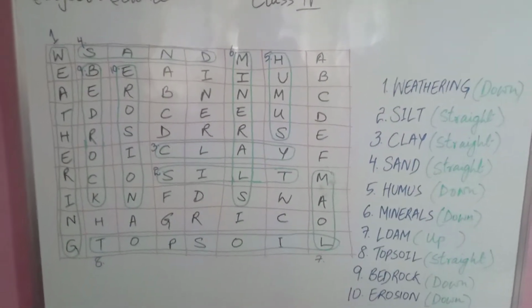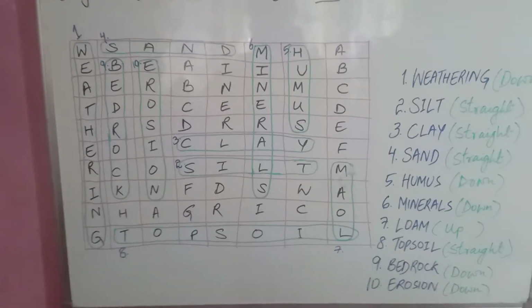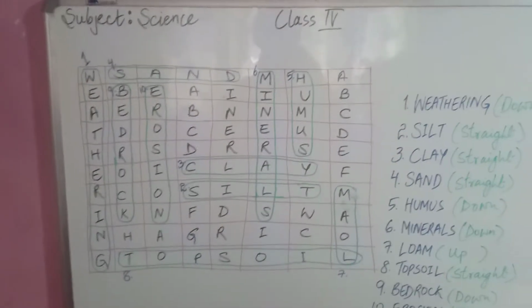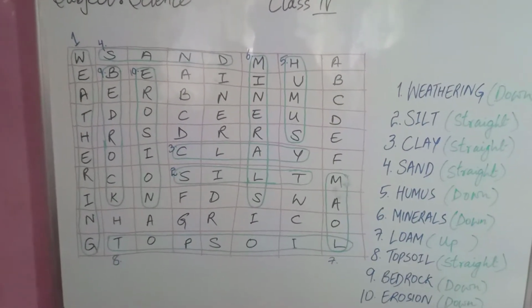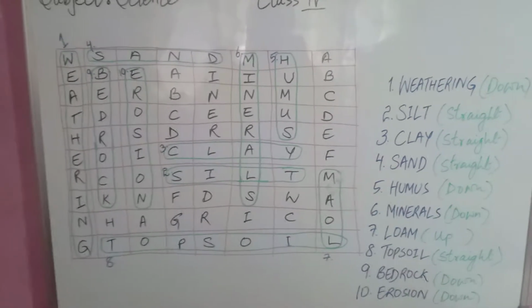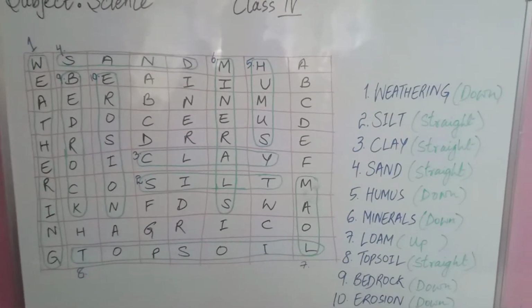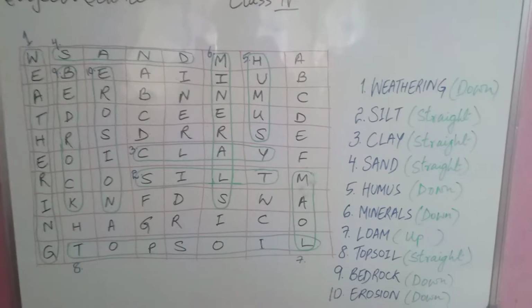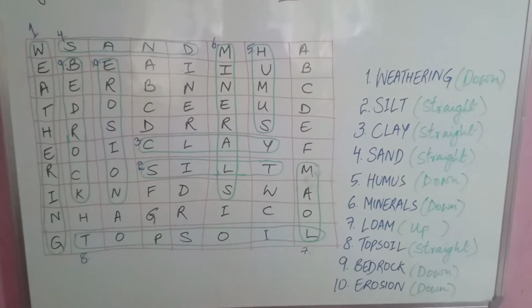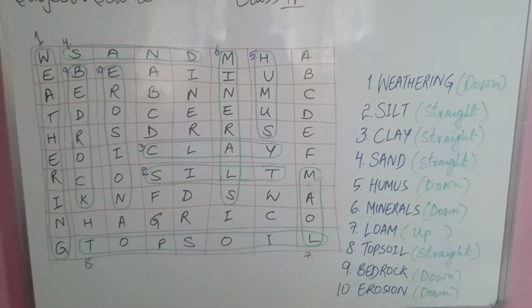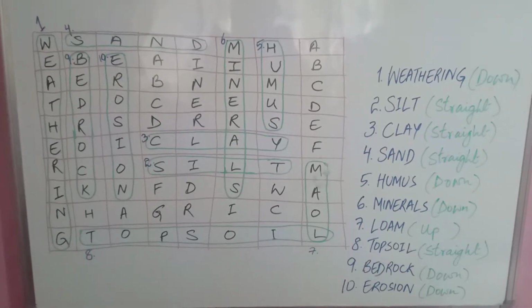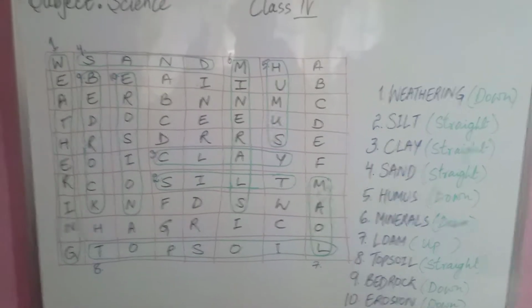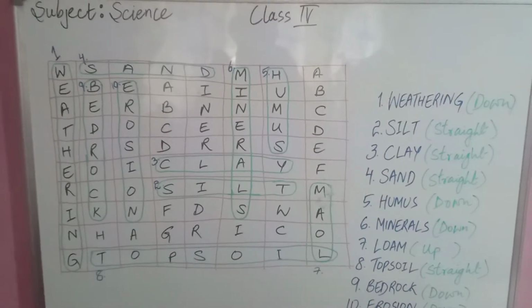For weathering, as you can see on my left hand side, I have given number 1. Then silt is in a straight position, and clay is also in a straight position. Then sand, I have given number 4 on top of that.